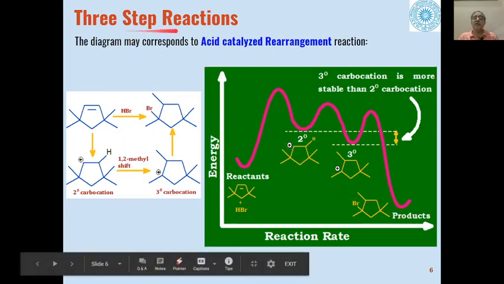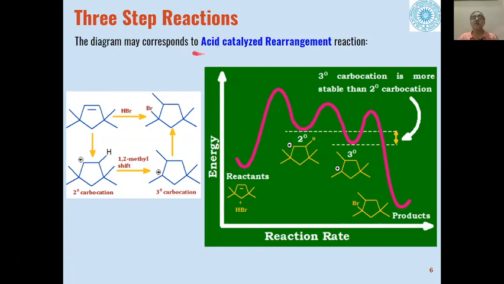Then three-step reactions are also there. The most common example is acid catalyzed rearrangement, which is also called carbocation rearrangement reactions.